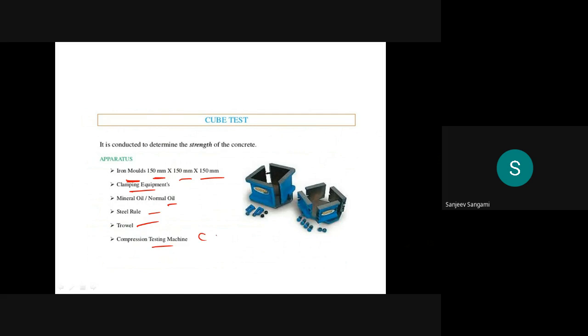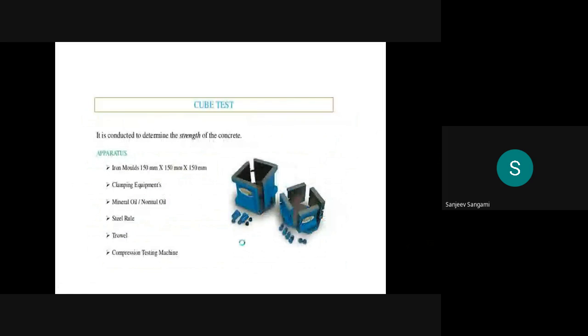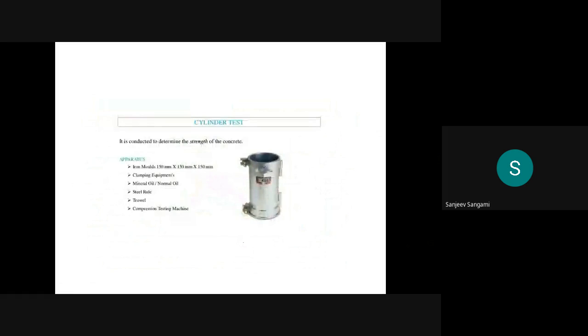A CTM is also required, which we already covered when we covered cement properties. These are the precision molds and the cylinder molds. All these things are required. Then slowly we will move on to the tests on bricks.